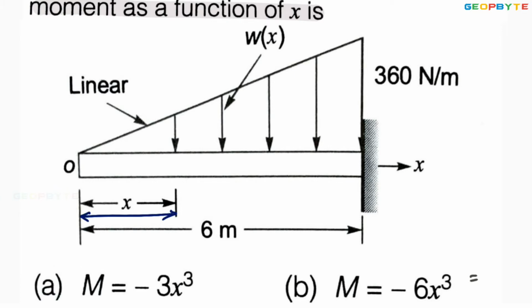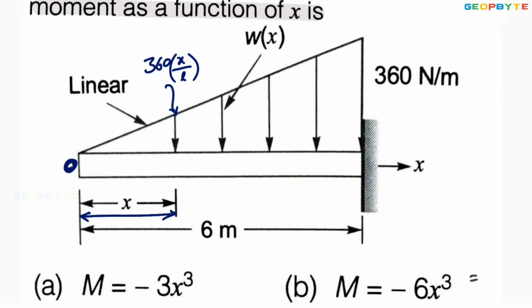One side load is 0. The other side is 360 Newton per meter. Remember, at a distance of x at this particular section, the intensity of load is that load into x by L. That is the intensity of load at that particular section.